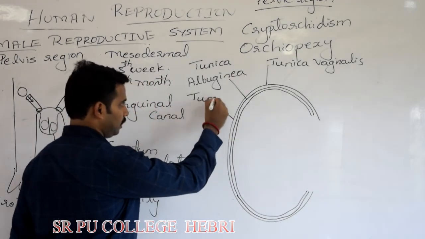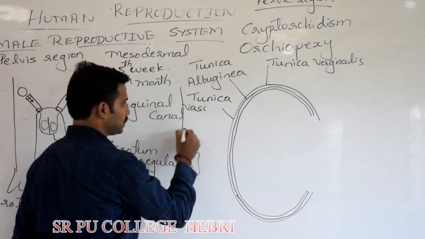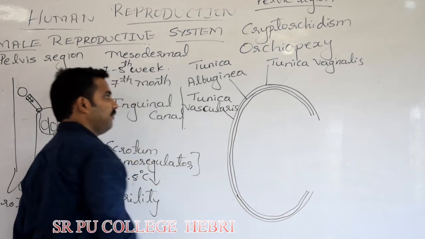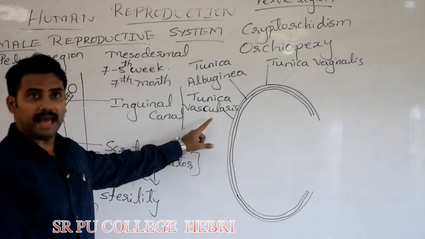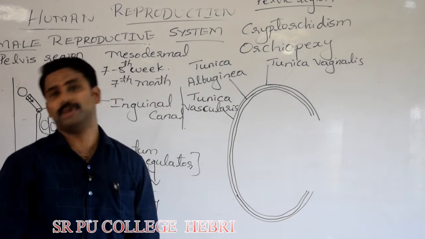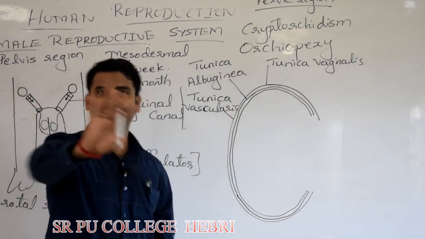I will write here tunica vascularis. Name itself tells you, vascularis, rich with blood vessels. I repeat, the wall of the testis is made up of 3 layers.